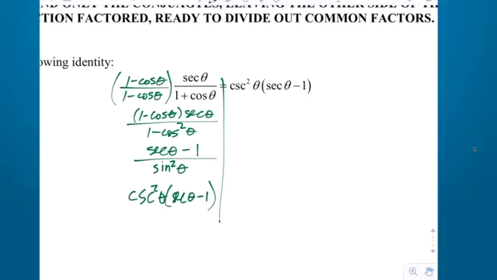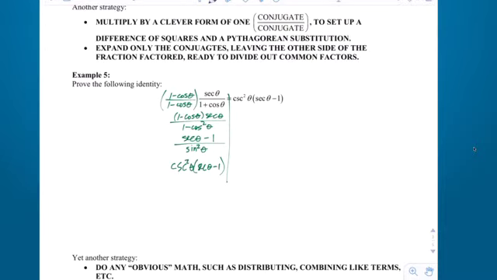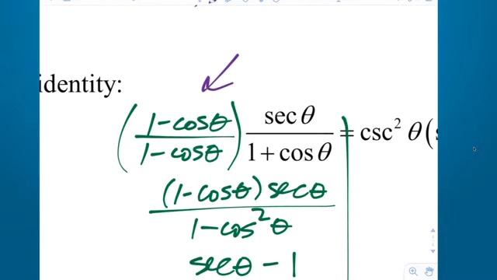And then I would realize that 1 minus cosine squared is the difference of squares, and I would factor it as 1 minus cosine times 1 plus cosine. And then what I'd probably do is write secant as 1 over cosine and get rid of the complex fraction, and it would also work. So there you go. Conjugate over conjugate, kind of a nice little strategy. It works well a lot of the times.